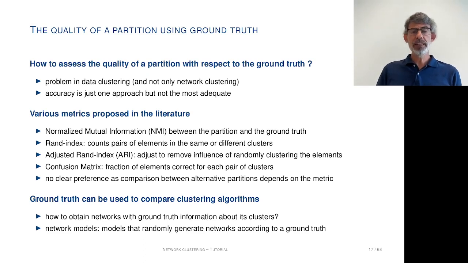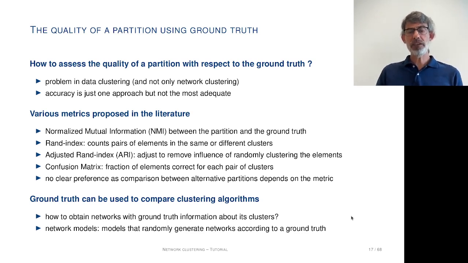One important thing is that the ground truth of a partition can be used to compare clustering algorithms. And then one question is how to obtain networks with ground truth information about its clusters. And the solution here is to use network models, mathematical models that can randomly generate networks with clusters according to a ground truth.